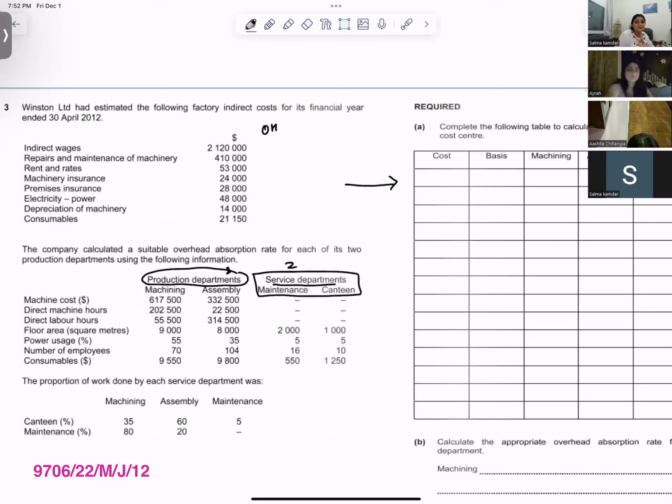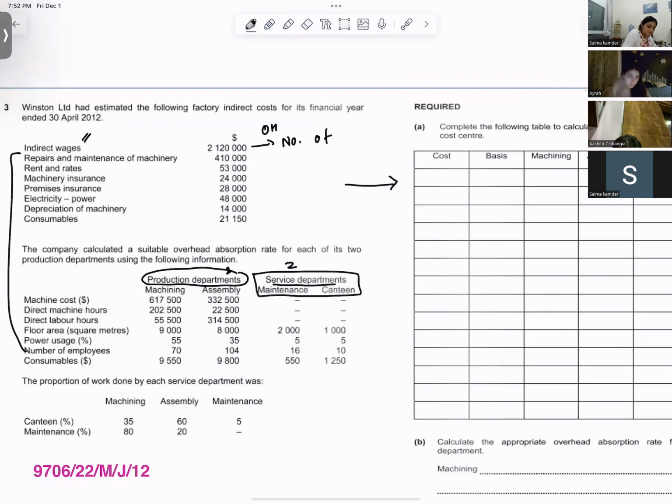Can you tell me the suitable basis to distribute indirect wages? Can I say the suitable basis to distribute indirect wages would be the number of employees? Yeah.